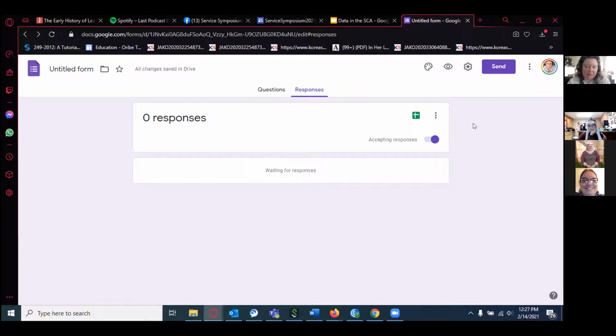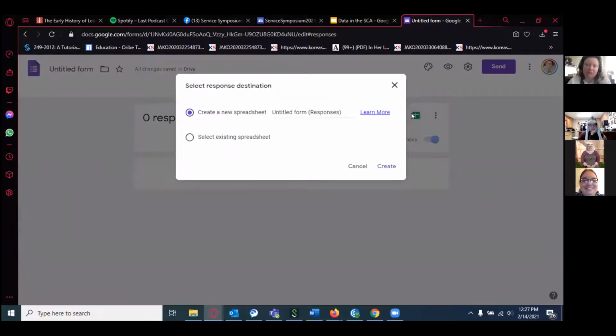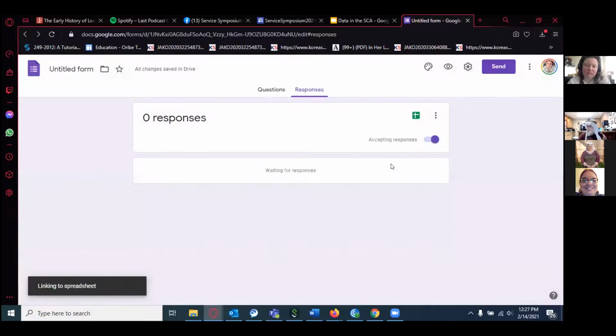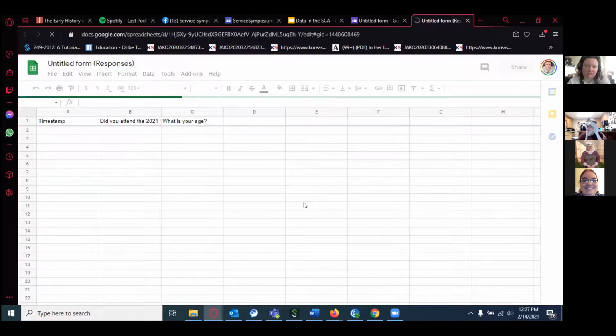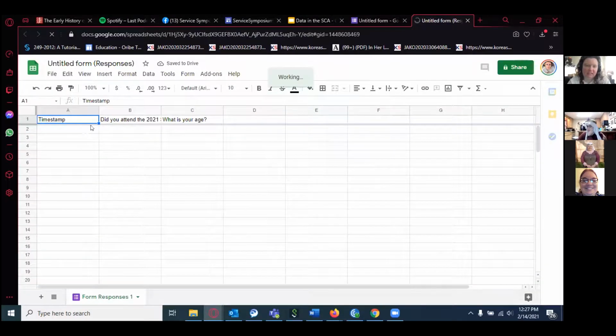But what I love the most about it is that you can actually create a spreadsheet in Google Documents, and it will automatically update with all the responses that you get. And so this makes it very easy for the next step of data.